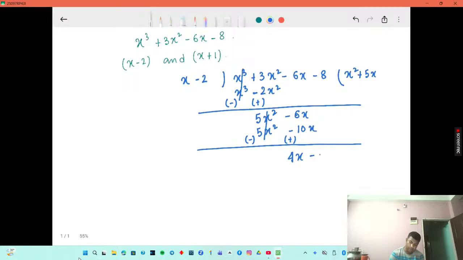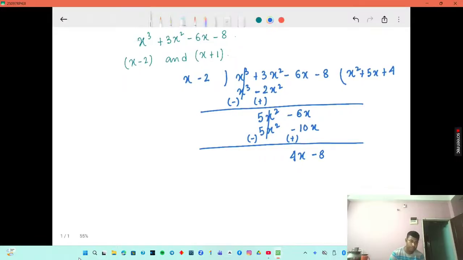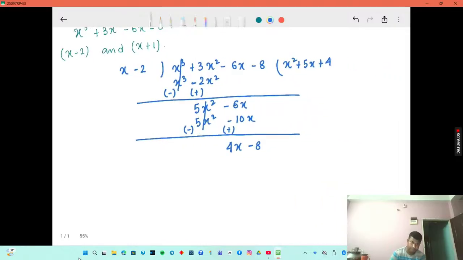4x minus 8. So plus 4, 4x minus 8. Now here it will be minus and here it will be plus.